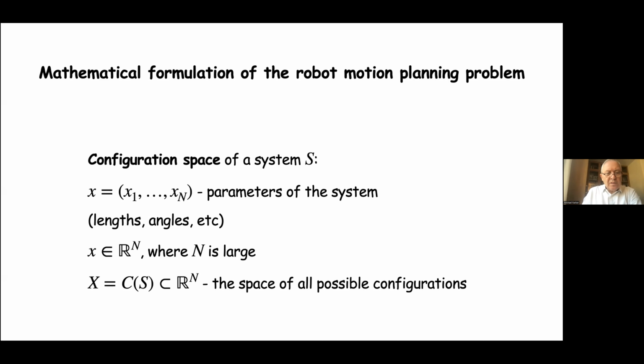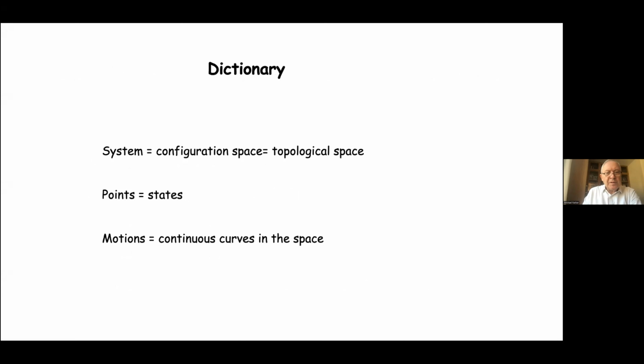And you can say that the configuration space of the system is a subset of some Euclidean space of some large dimension R^n. And it has topology and it has actually a metric. So it is a topological space. Points of the space are states of the system, and motions of the system correspond to continuous curves in the configuration space.